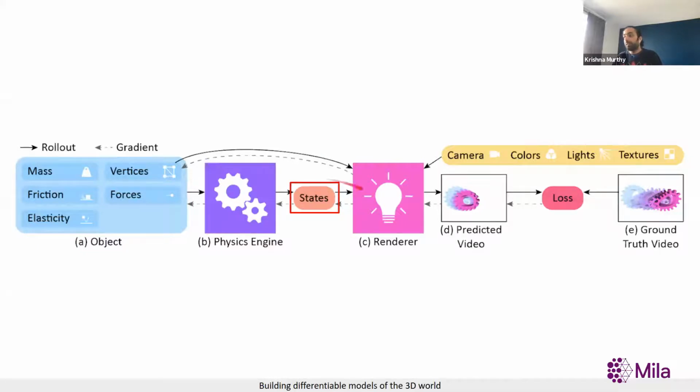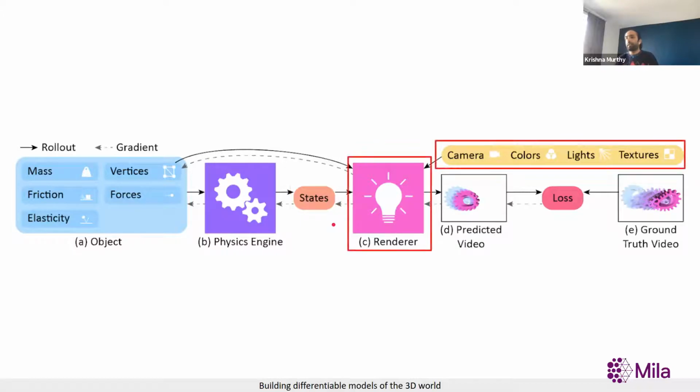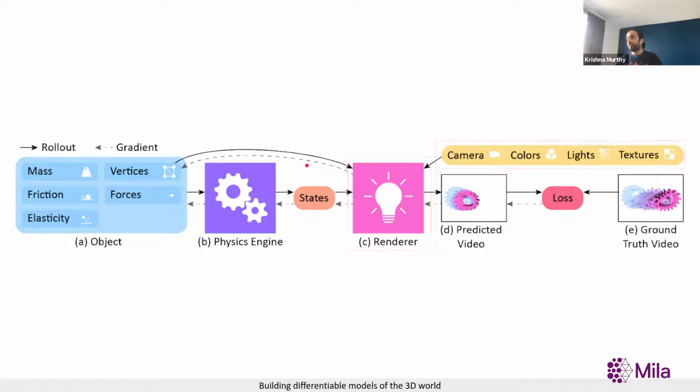So what we do instead is we use a differentiable renderer that takes in the states and the object geometry and renders it out to a predicted video sequence. And this video sequence is compared with the ground truth video. We define a loss, which is basically the frame-by-frame, pixel-wise L2 loss between the predicted and ground truth videos.